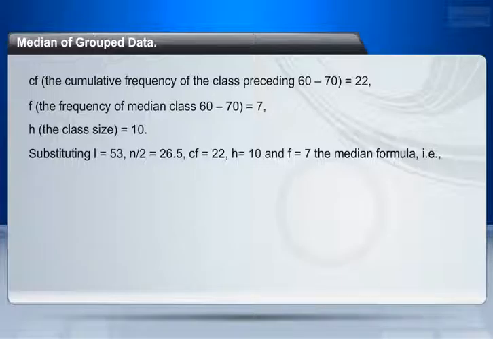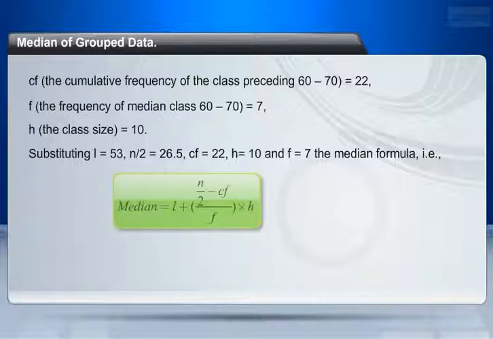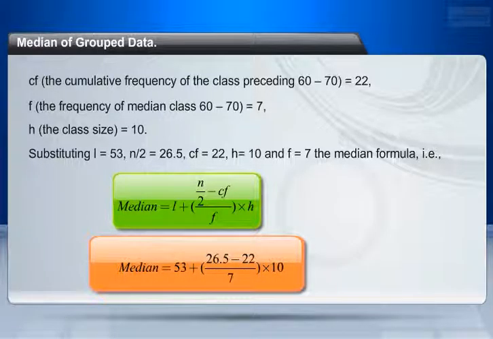Substituting L equals 60, n by 2 equals 26.5, CF equals 22, H equals 10 and F equals 7 in the median formula, that is, median equals L plus n by 2 minus CF by F into H, we have median equals 60 plus 26.5 minus 22 by 7 into 10.